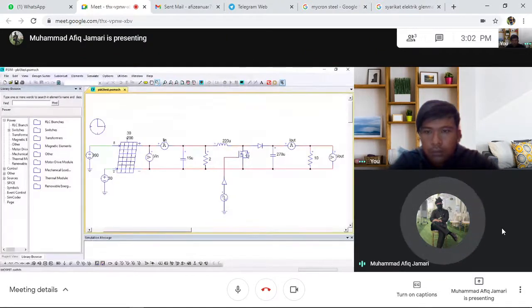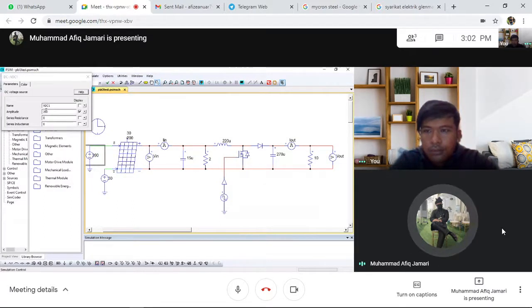Here is the simulation, how it is done. First, as you can see from the table before this, we have to set up the irradiance and the temperature. This is the irradiance. First I will set it at 100. And this is the temperature. I will set it at 28.